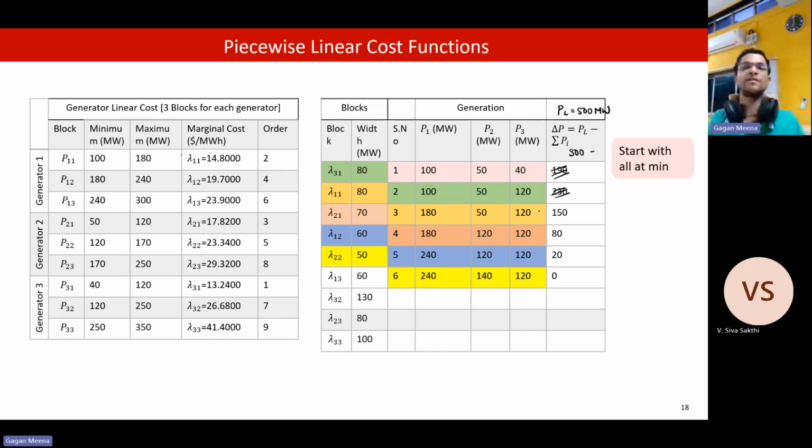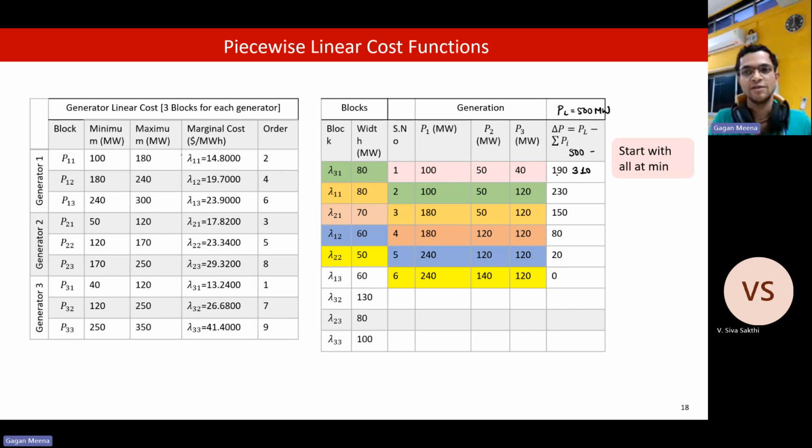It should be the difference between this 500 and 190. 310 plus 190 is okay, and this is 80.